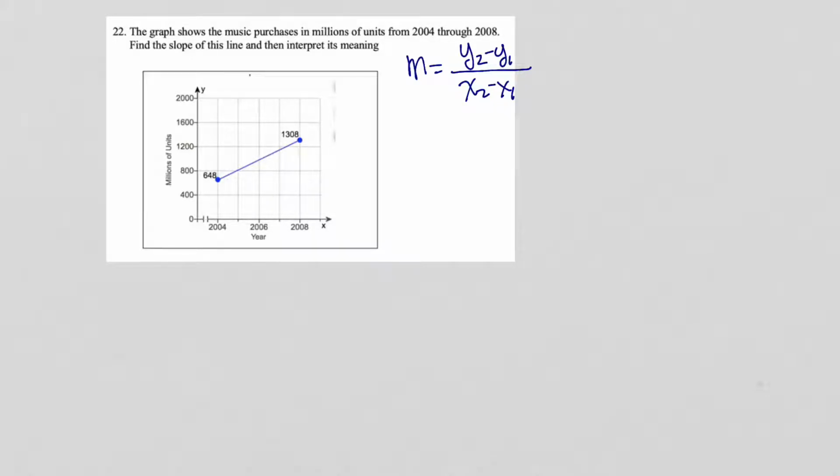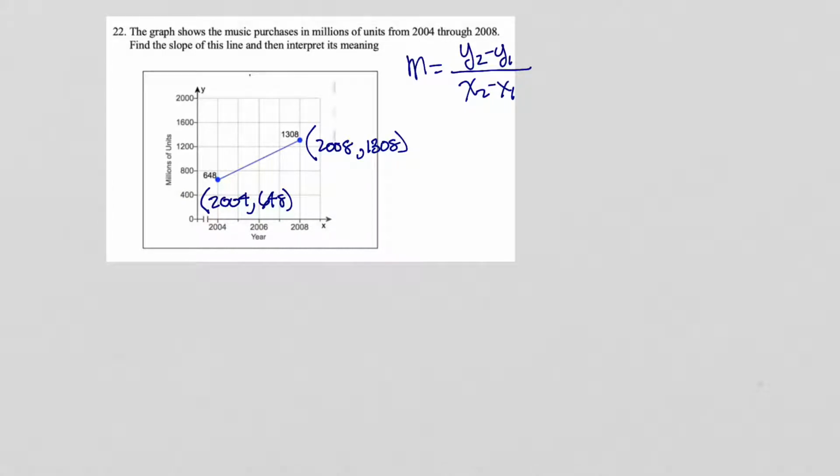So let's start by getting each one of these ordered pairs. Down here, there's an ordered pair. The x is 2004, that's our year, and then we sold 648. And up here, the year is 2008, and we sold 1308. So now I've got two ordered pairs.